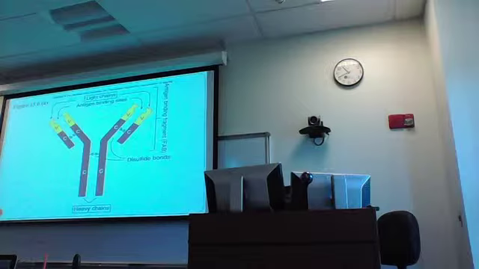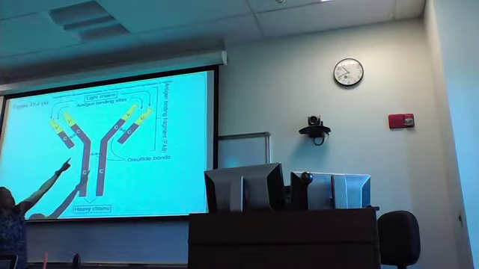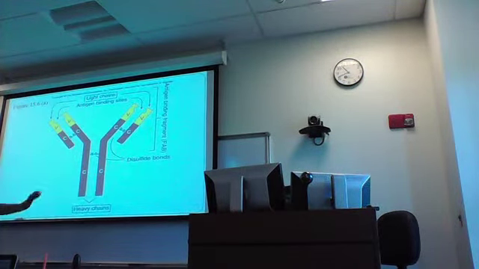I can't stand up like this on it because it doesn't work. I won't be able to attach to it. The variable end that matches the receptor on the surface of the invader is down there. That's how you bind your antigen with those ends.